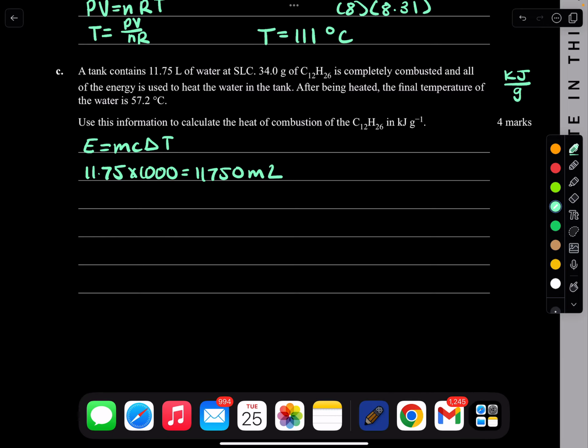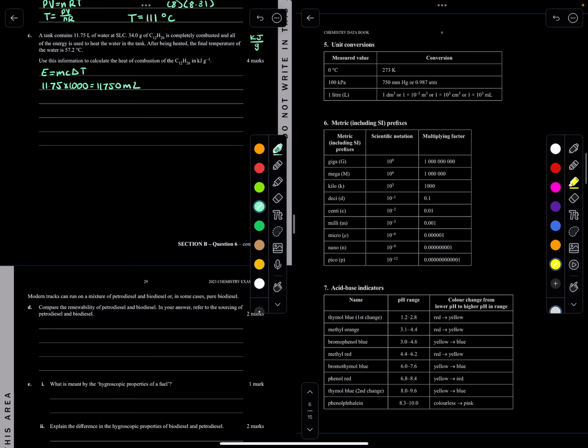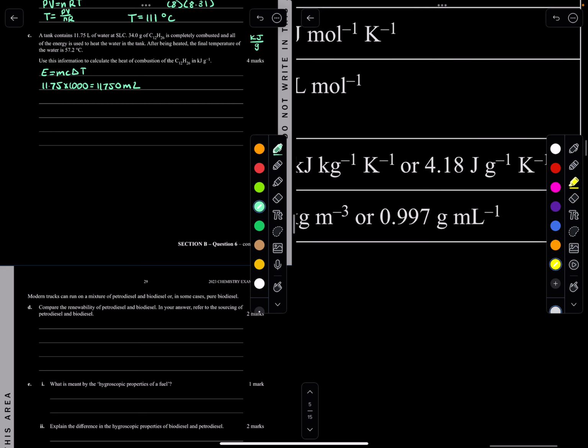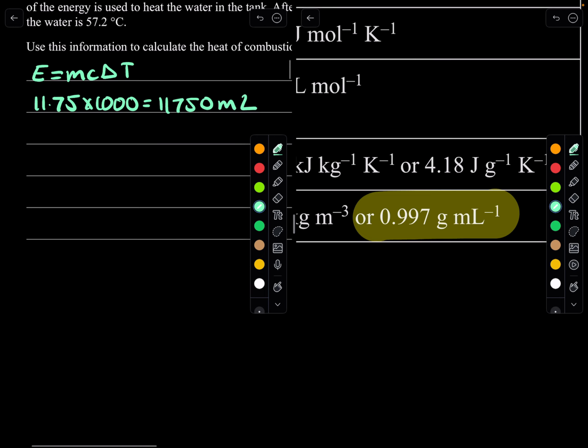Why do I convert it to milliliters? It's because you're going to use this formula where, for every milliliter, it's basically equivalent to 0.997 grams. So multiply that 0.997 by that 11,750 milliliters, and that's going to convert it into grams.